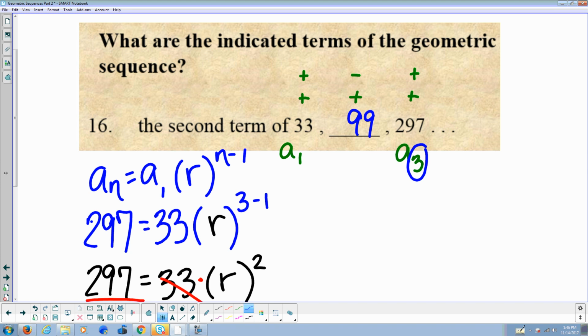But if R were negative 3, then 33 times negative 3 would give me negative 99, and negative 99 times negative 3 would give me positive 297. So we will say that this missing term is actually plus or minus 99. That means there are two possible correct answers, and we indicate that with this math symbol called the plus or minus symbol.